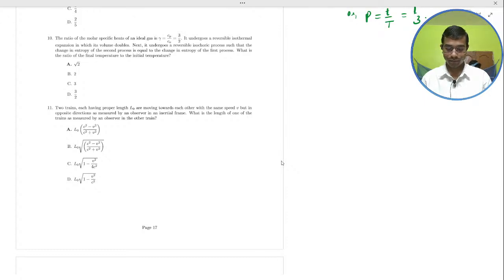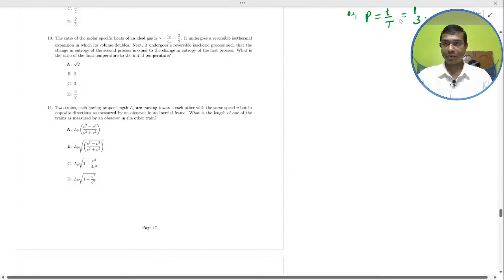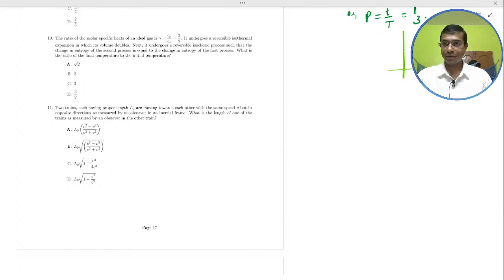So now, this is the diagram. PV, P and the V. Process 1 and 2. This is the delta S1 and here the delta S2.